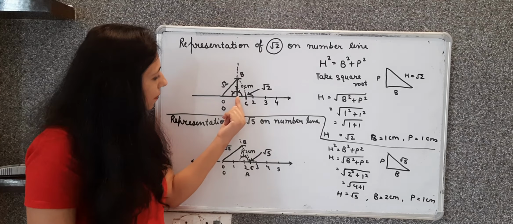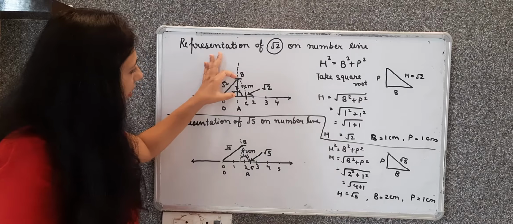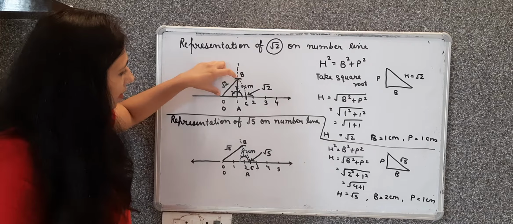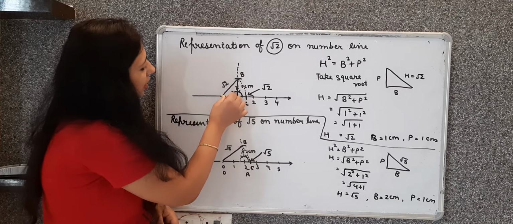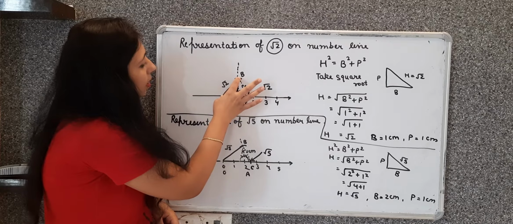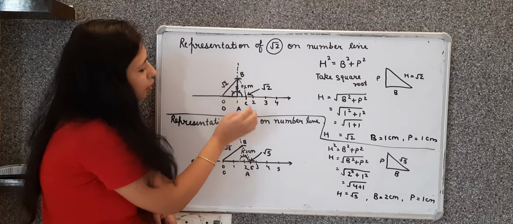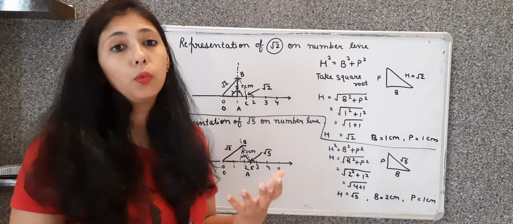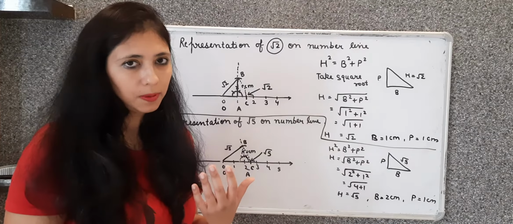Second step, on A, draw a 90-degree angle and cut a 1 centimeter arc and give it the point B. Then join OB, this is root 2. Then keep the compass on O and pencil on B, draw an arc on the number line, which will give you point C, and point C is root 2. The way you are doing the steps, the same way you need to write those steps, okay?